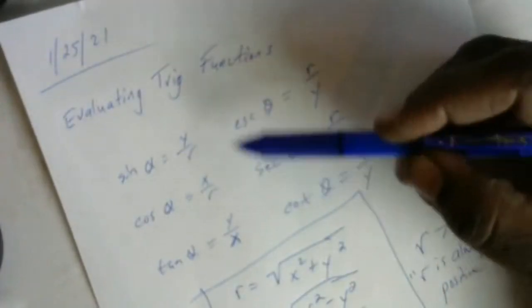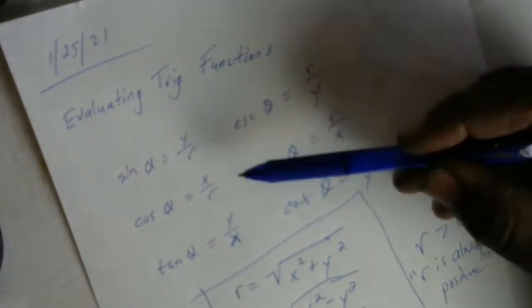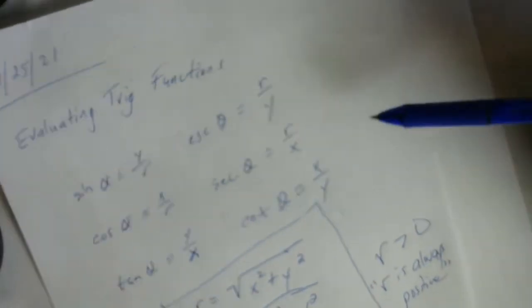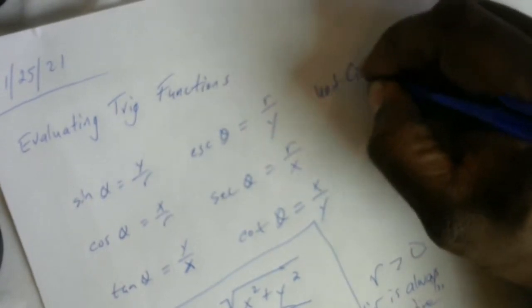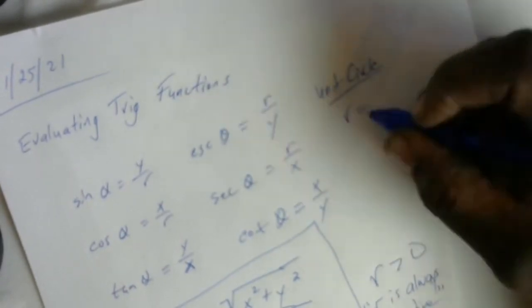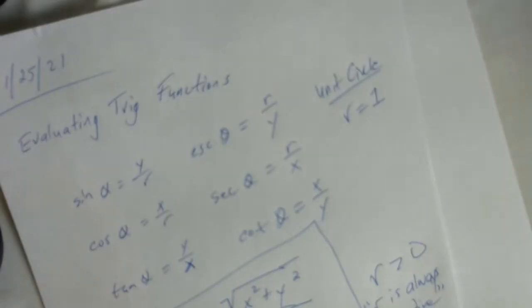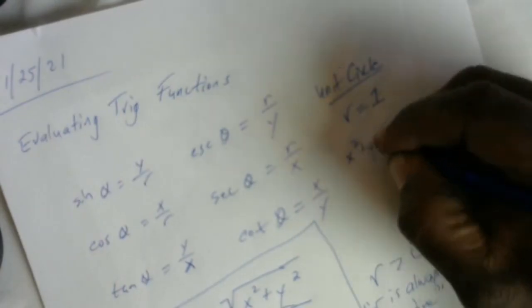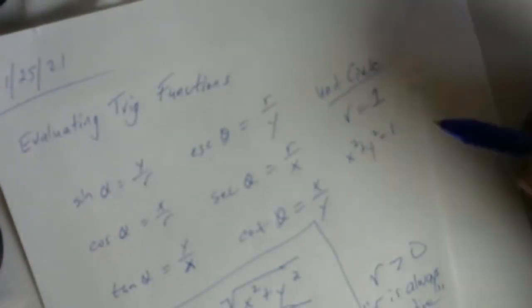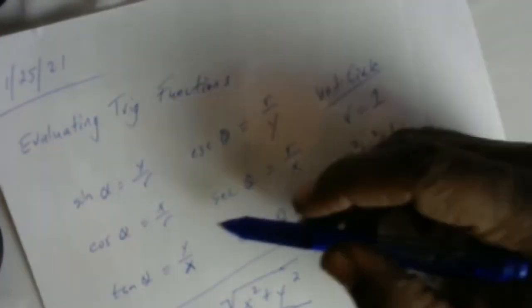So notice these were the 6 trig functions as they relate to X, Y, and R. Notice that in the unit circle, R, which is the radius, is equal to 1, right? Because the formula for the unit circle is X squared plus Y squared equals 1. That's the formula for a circle with a radius of 1.